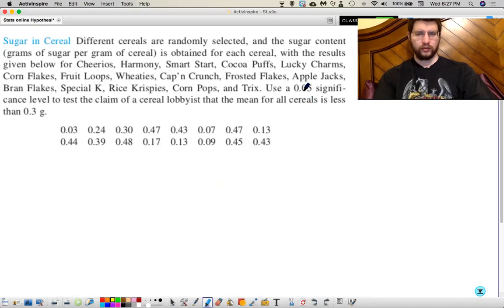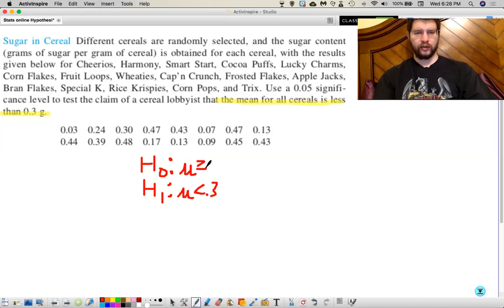Use a 0.05 significance test to claim that the mean for all cereals is less than 0.3 grams. So use 0.05 significance, that's alpha, to test the claim that the mean is less than 0.3. So less than goes in my alternative. Mean less than 0.3. Greater than or equal to would be my null.